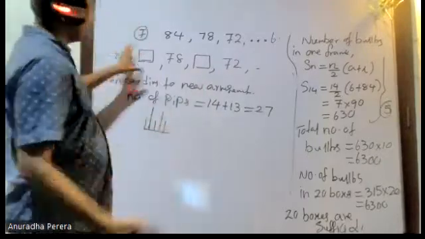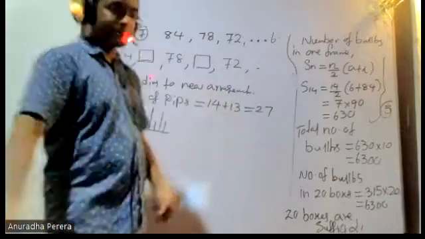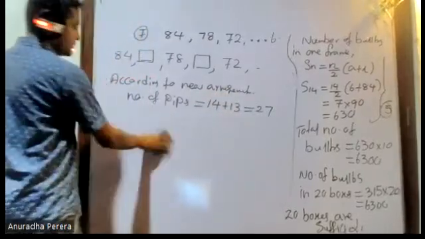Previously 14, then 13 can be fixed. Now the total is 27, right?